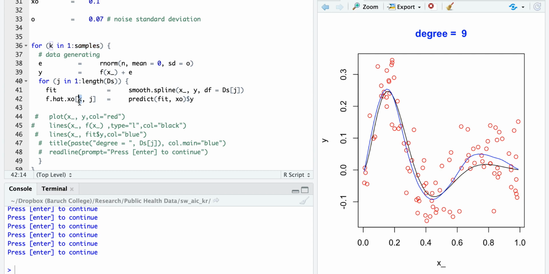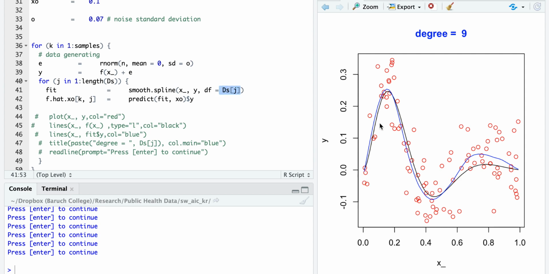Now, along that row, we have various estimates of f hat at point xo, and these various estimates are different because they come from smoothing splines with different degrees of freedom.